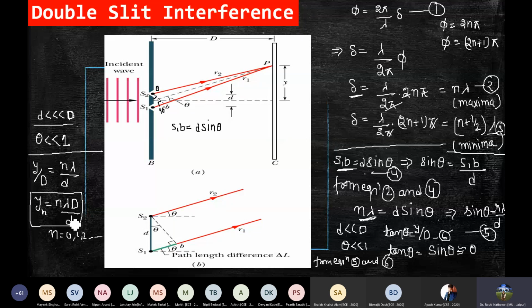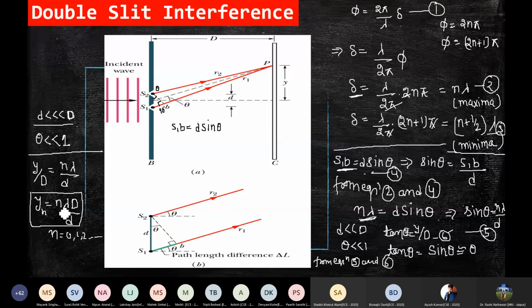In this formula, there is not any parameter that can be changed. It is all fixed. If the wave is coming from some source, the lambda will be fixed. The distance between source and the screen will be fixed. The distance between two sources will be fixed. What will change only is n, which is the fringe number. So I can calculate the fringe width here also.